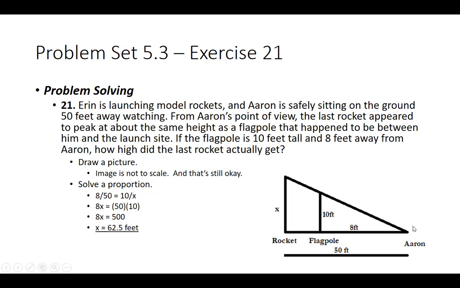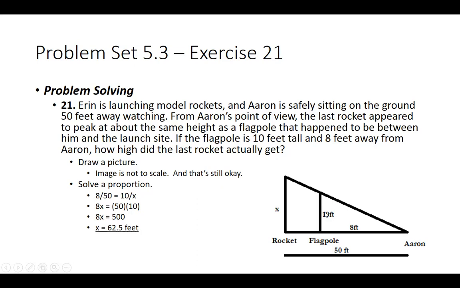So here's Aaron over here, sitting on the ground, 50 feet away from the rocket. In between the rocket and Aaron is a flagpole that's 10 feet tall, and that flagpole is 8 feet away from Aaron. We want to know how high the rocket got.